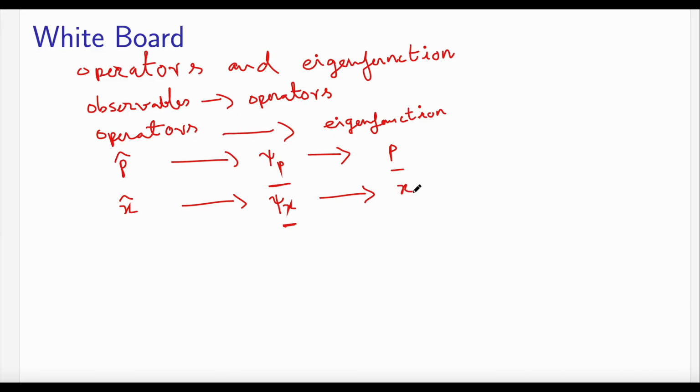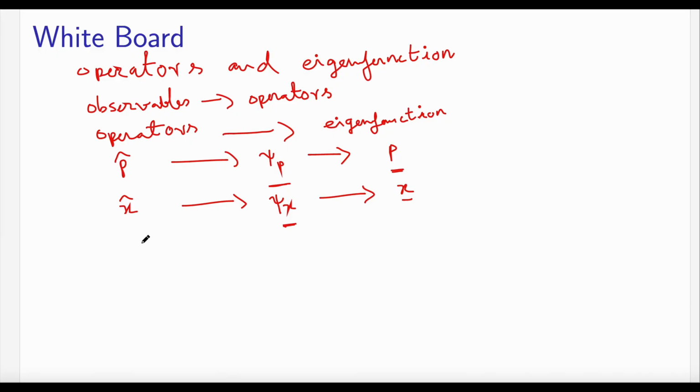How many times we measure the position of the particle, we will always get x. It does not matter. Every time, with certainty, with probability 1, we will always get x. Here with certainty we will always get p.